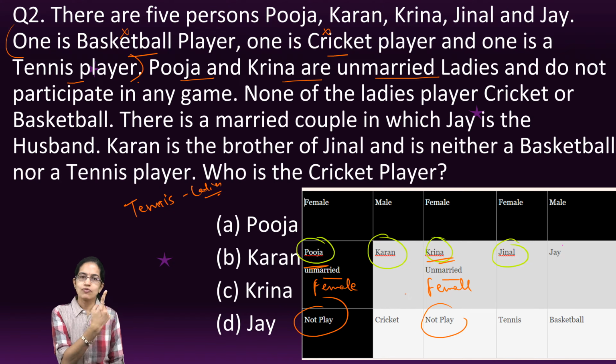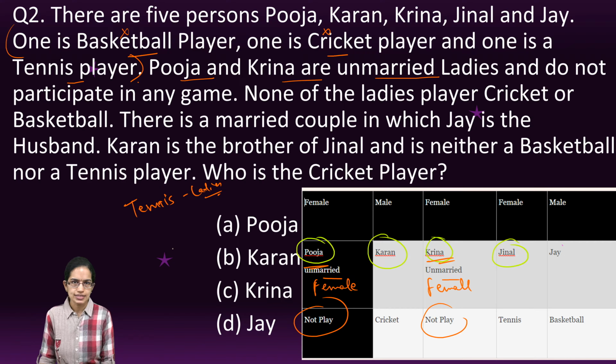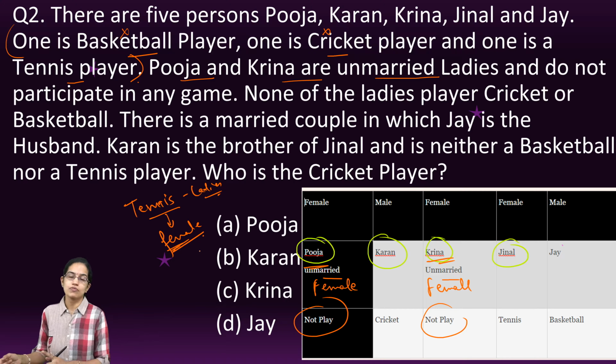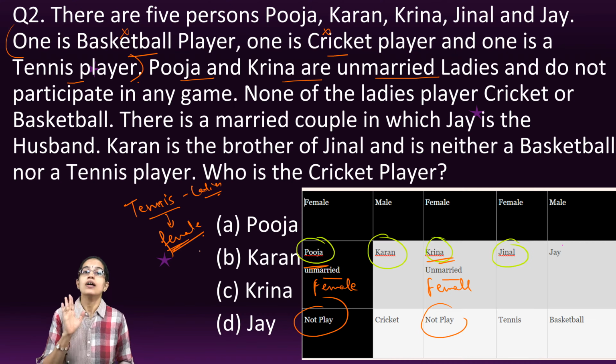So one female is left and she would be playing tennis, as simple as that. Whatever female is left would be playing tennis. Now here one important thing is, don't just assume by name that she would be female or he would be male, because any kind of name could be given, and don't get confused there.